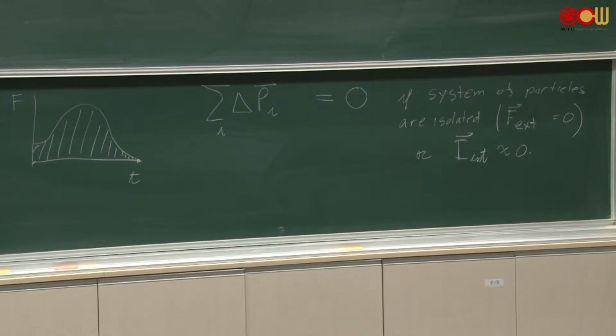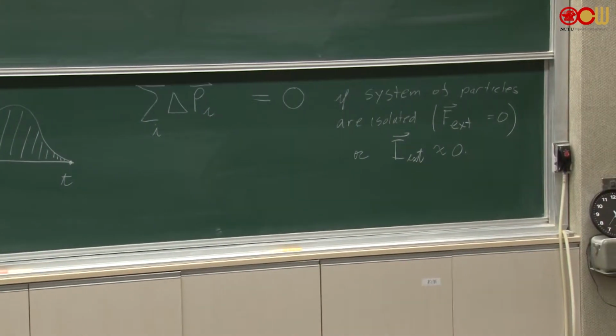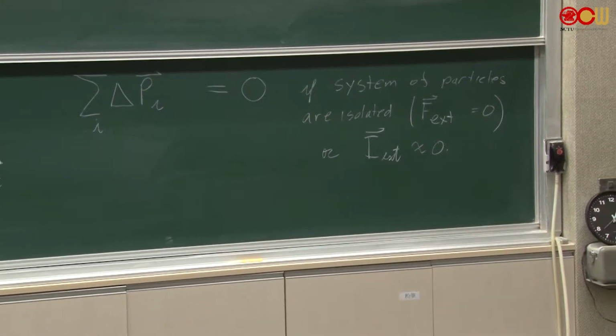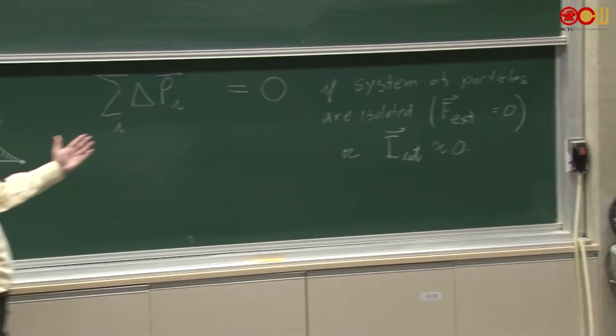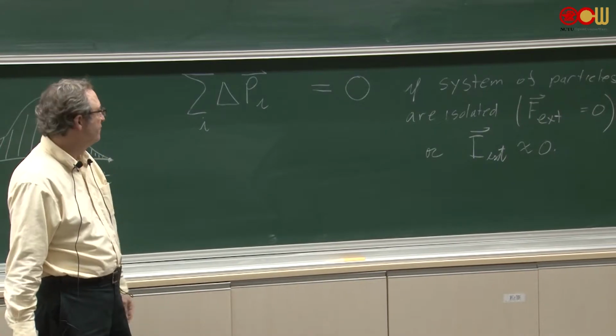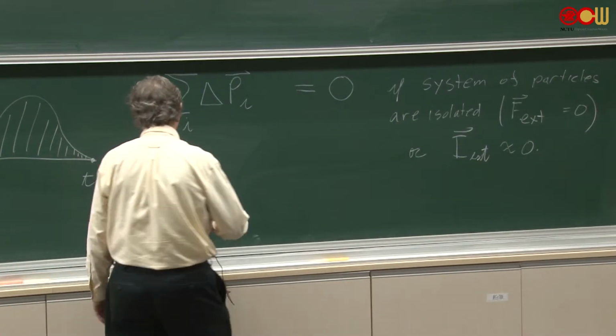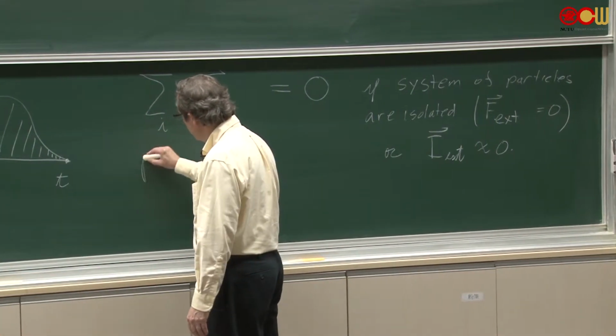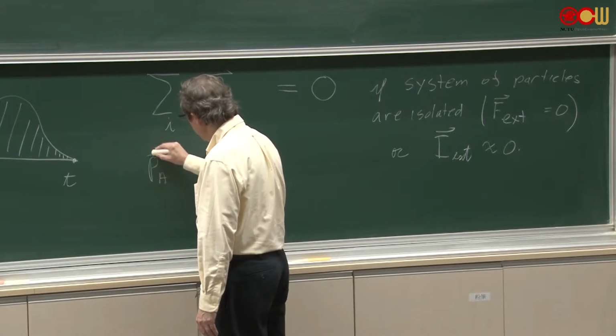Okay, so if those are the case. So under these circumstances, notice what I have. The change in the momentum of all the particles is equal to 0. So now I can say, let's say particle A initial.